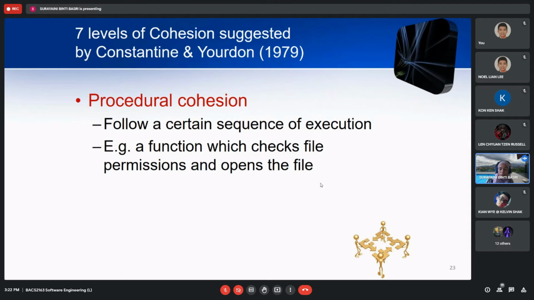That is the first step, and after that there will be another function that needs to open the file. Because they are executed in sequence when you run some function inside your system, just because their sequence is like that, you group them in one module. So it is also not a very good way of grouping.